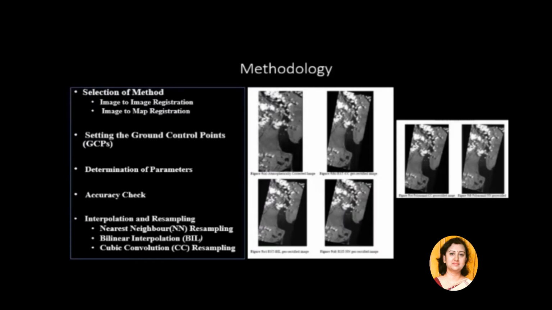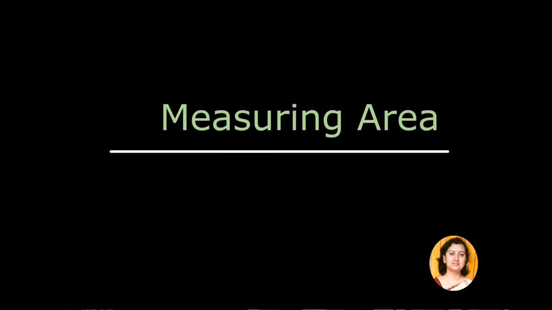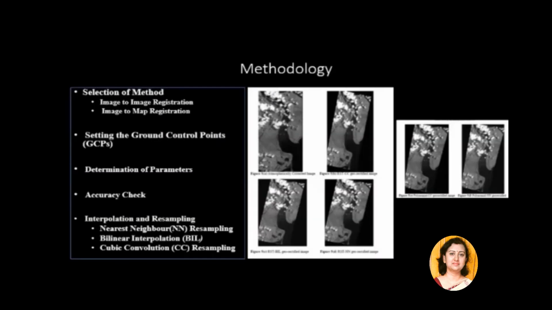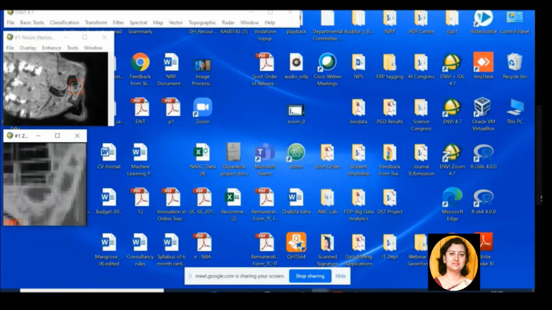Now, whenever you need to measure an accurate area or direction, or if you want to measure distances, then image to map geometric rectification should be performed. Now, how is this process done? I'll just demonstrate how to geometrically correct the image, then the steps will be clearer.